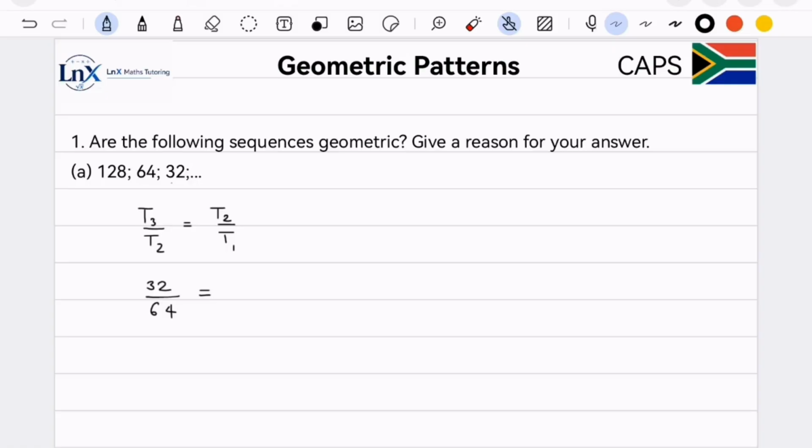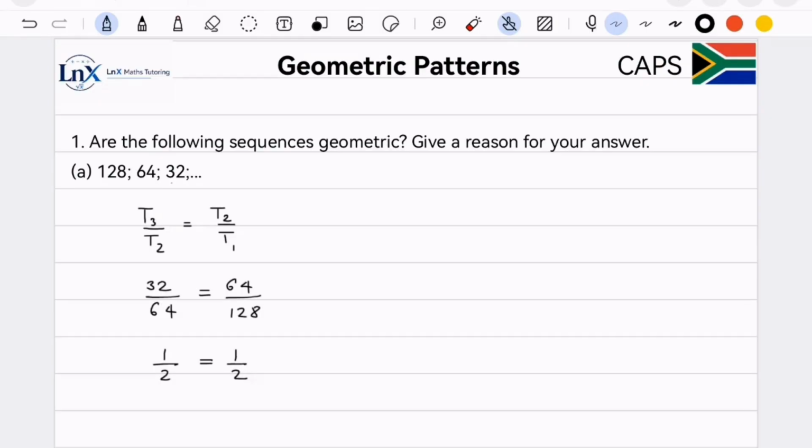Then our second term 64 divided by T1, which is 128. So 32 into itself is 1, and 64 is 2, so we have 1 over 2.